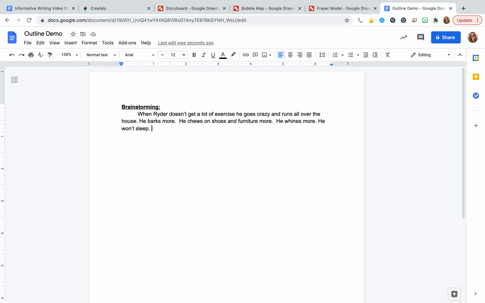Okay, and realize, some people might think that by me going with this topic that I'm arguing that mini Aussies need a lot of exercise, and might get confused and think that this would be more of an argumentative essay topic. But the reason that it's not is that the fact that mini Aussies need a lot of exercise, you'd only try to argue that if you'd never been around one, right?